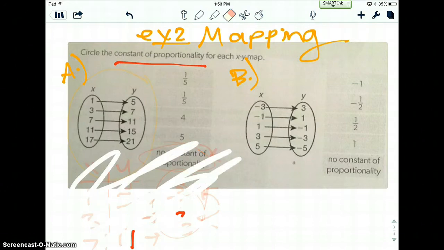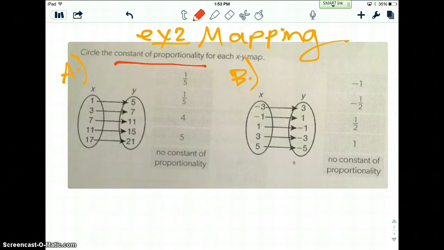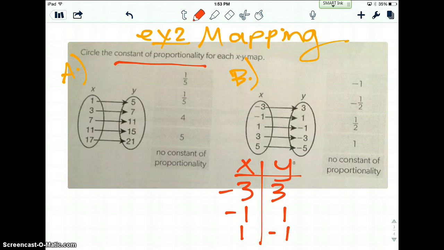So let's go ahead and take a look at part B. So in part B, if I redraw vertically this map without the circles and arrows, I have -3 going with 3, -1 going with 1, 1 going with -1, and so forth. Now let me just check and see if all these are turning out to be the same. If they aren't, I don't have to keep going.